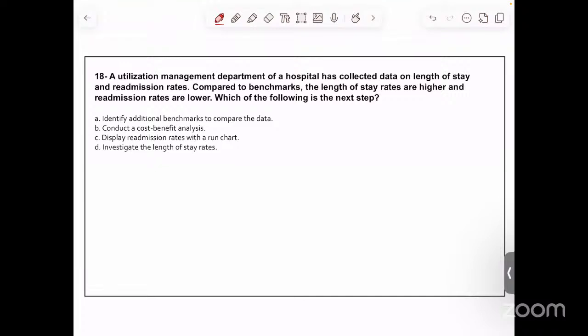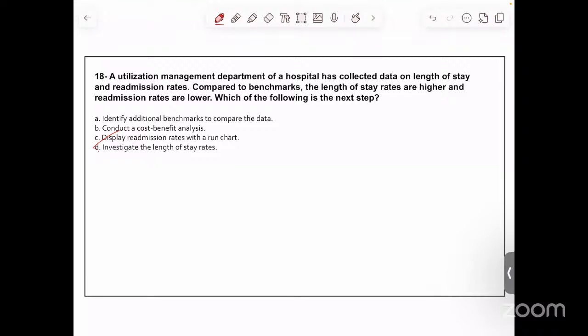So in here, the statement is for you to identify and to address the causes. So what will you do? What do you think you will do? What's your answer? Benchmark again? To investigate the length of stay, do the investigation.